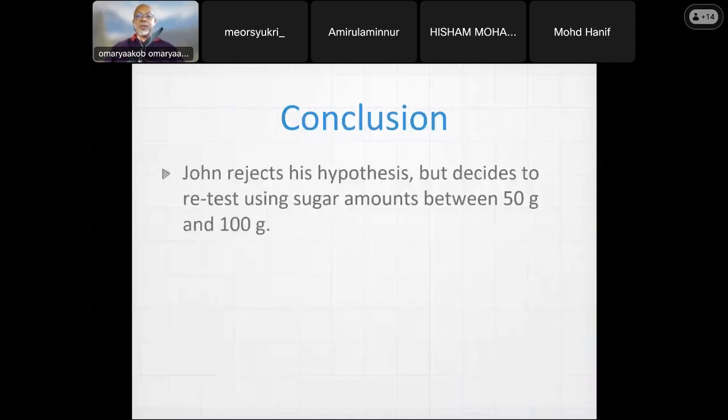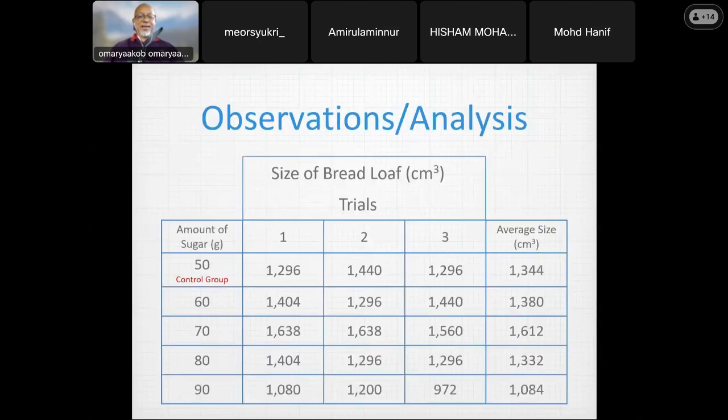John rejects the hypothesis but decides to retest the sugar amounts between 50 gram and 100 gram. This is his result between 50 to 90. He used 10 gram differences from the control group, and this is his new plot.